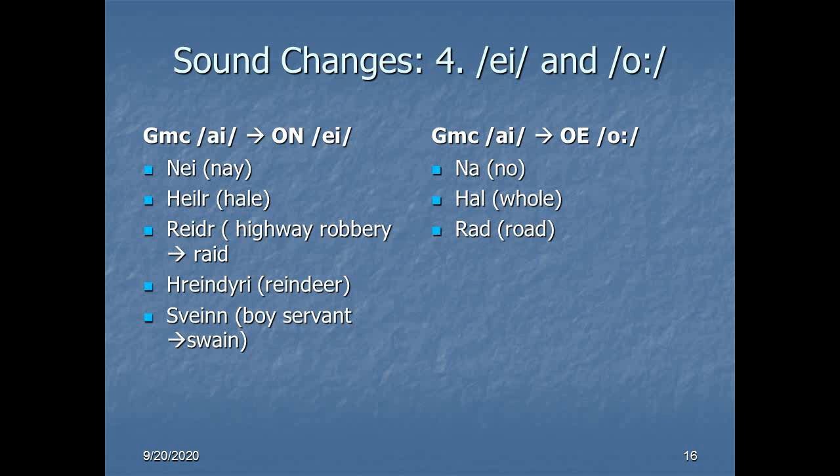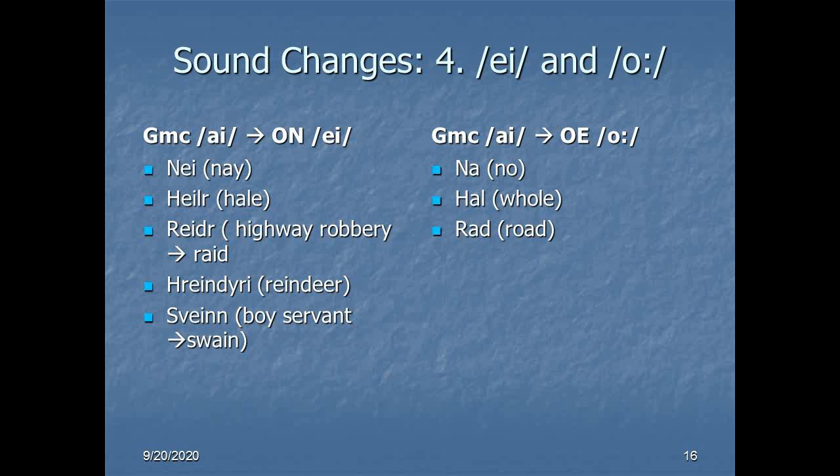So in Old Norse, we have the word nei, and in Old English, we have the word na, which become nay and no, respectively, meaning the same thing, but again, not precisely synonyms because they have different usages. No is the general word, and nay has a more specialized application, largely in a legal context, which is not surprising given where it came from.